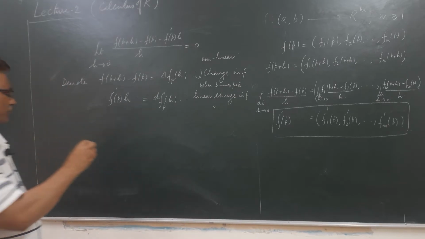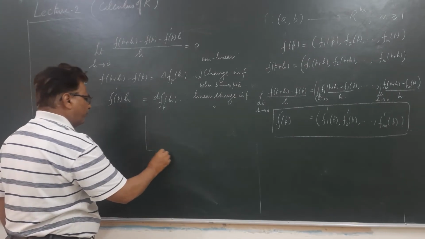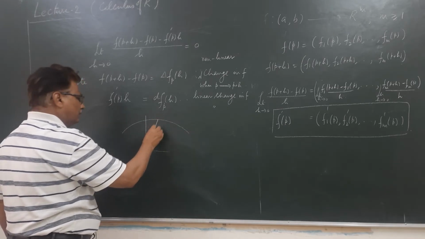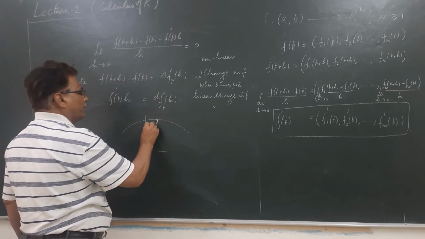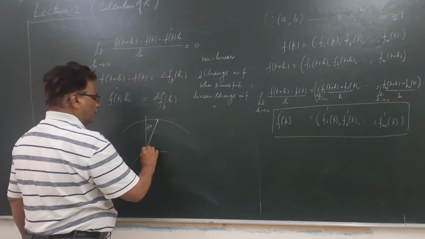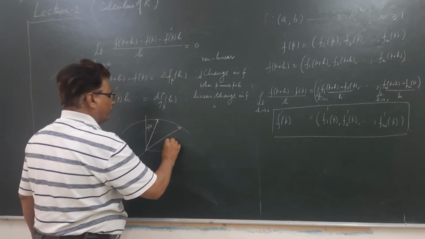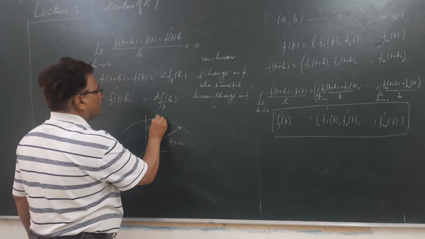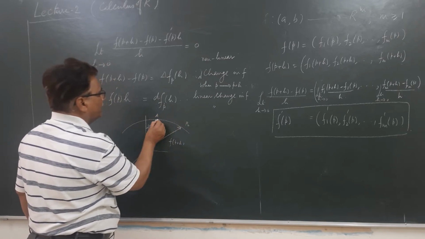You can convince yourself by looking at the graph. I had just drawn the graph. This is fp. Here you have f of p plus h, and these points were denoted by a and b.